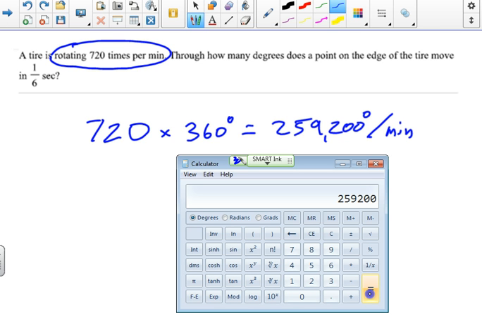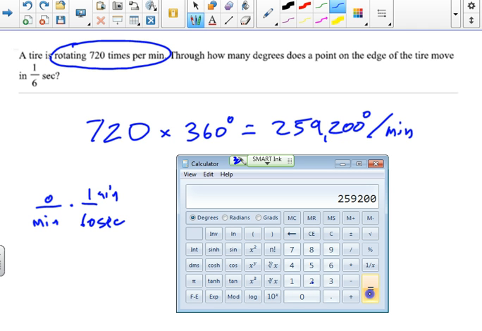All right, now that's great and all, but that's per minute. I need to divide that by 60 because I want to go from degrees per minute into degrees per second. So I'm going to multiply this by 1 over 60, because in 1 minute there are 60 seconds, and that'll get rid of the minutes and leave me with degrees per second.